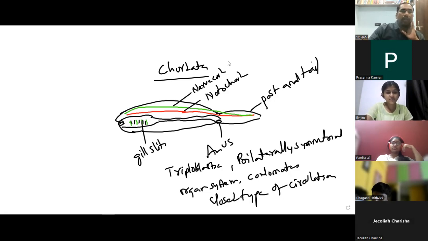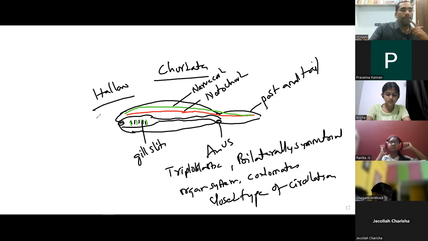Excuse me, sir, what is the dorsal hollow nerve cord made of? Yeah, I'll tell you. This is the notochord. It is solid. It gives support to the animal. Dorsal means above the notochord, there is a hollow tubular nerve cord.